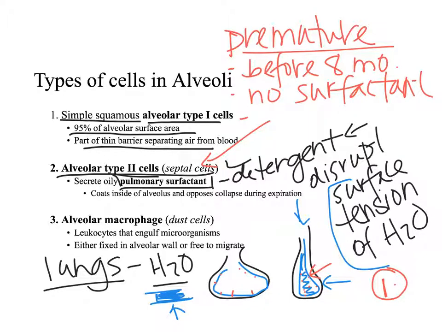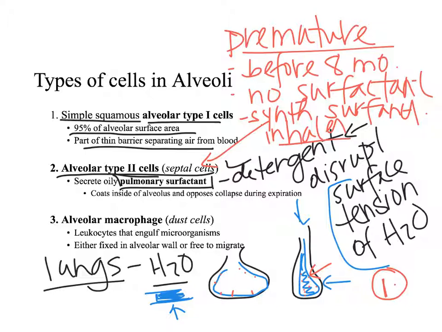So now they have a synthetic surfactant that they give in an inhaler, and that's going to inflate the baby's lungs. They have to keep taking it, and think about it.